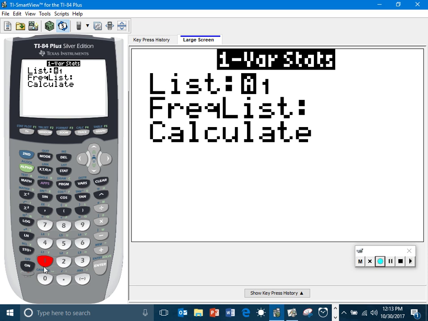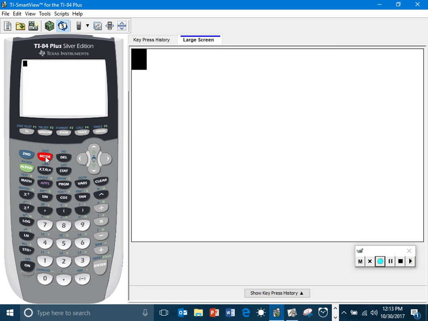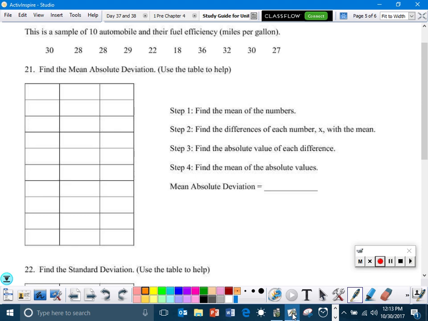Okay, when you are all done, you are then going to see the mean at the top of the screen. All right, now I've already done this, so I'm not going to go through it again. Again, type them in list 1. When you're done, go stat, calculate, and then number 1, the one variable stats. The X bar is your mean. Okay, for this problem, the mean is 28.